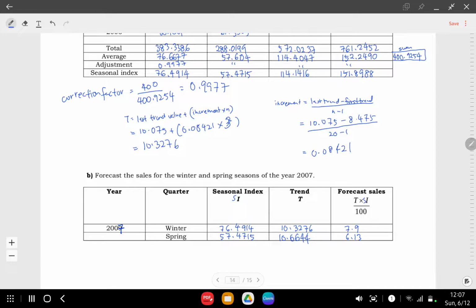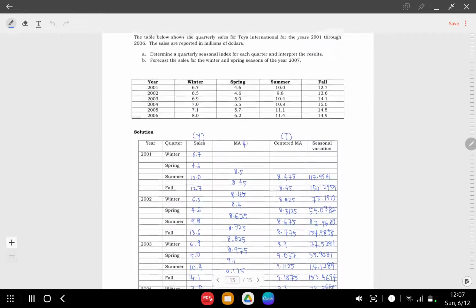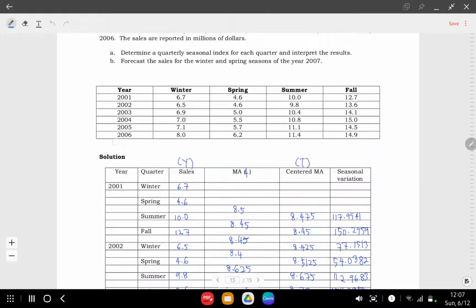So it means that in winter and spring 2007, the forecast sales will be 7.9 and 6.13.